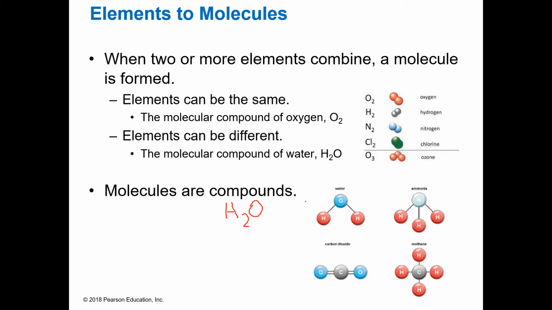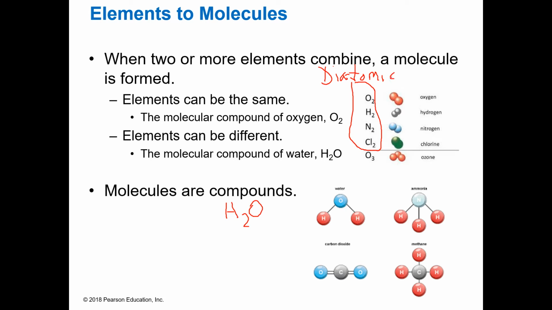Now, we can put elements together that are the same, and when that happens, like you see here, we call that a diatomic. So I'll spell that for you. Diatomic molecule.